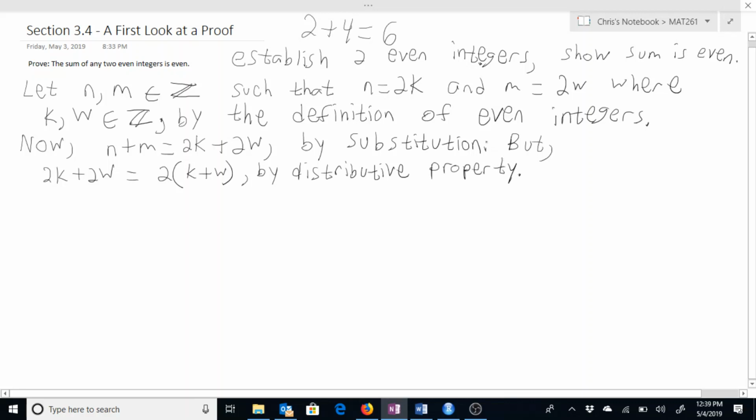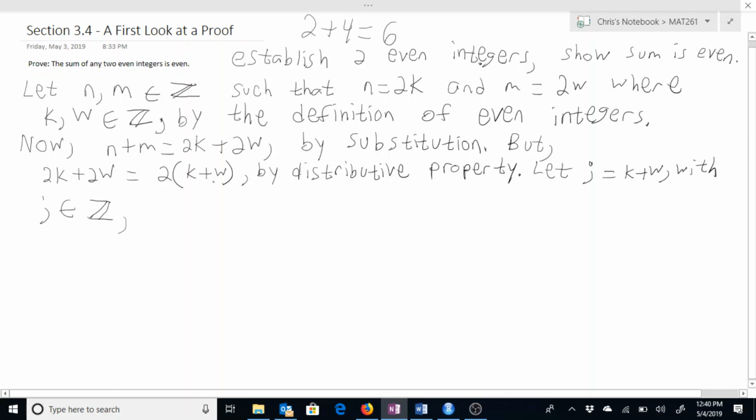But now, we can let's say j equal to k plus w, with again, j being an integer. And how do we know that j is an integer?